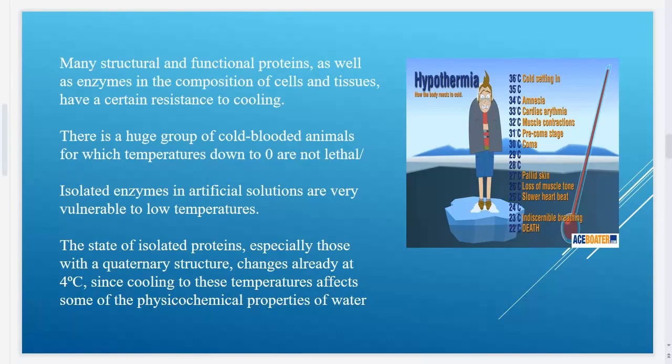The state of isolated proteins, especially those with a quaternary structure, changes already at 4 degrees Celsius, since cooling to this temperature affects some of the physicochemical properties of water, for example, its density and viscosity, as a result of which the initial conformation of the protein globule may change.